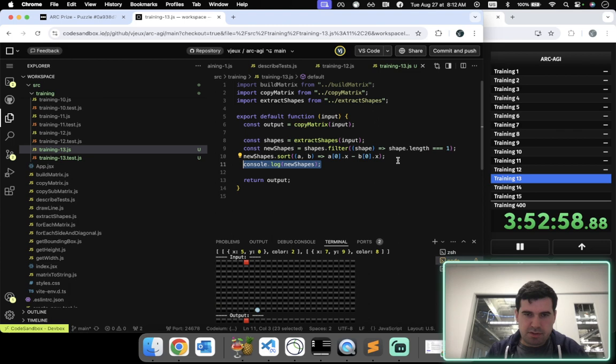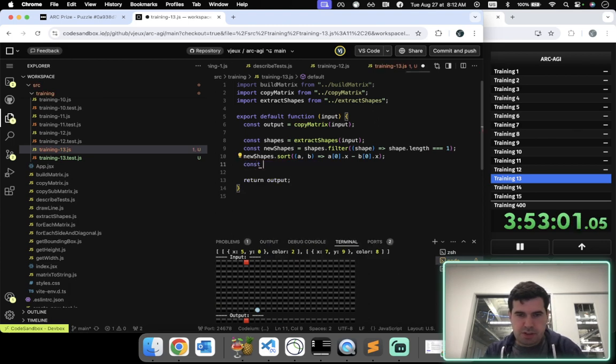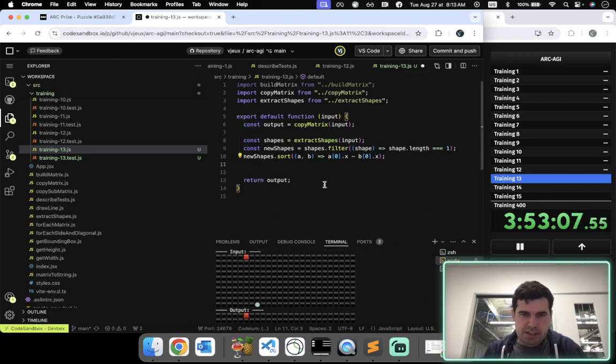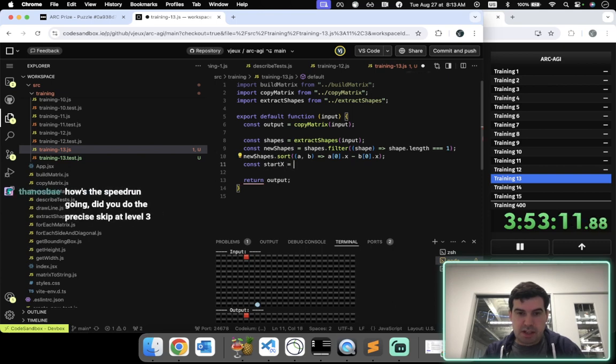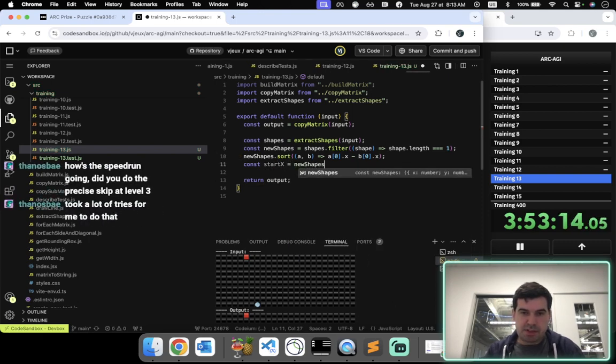And so now, const, so, okay. So the delta, so start x equal new shapes dot 0 dot 0.